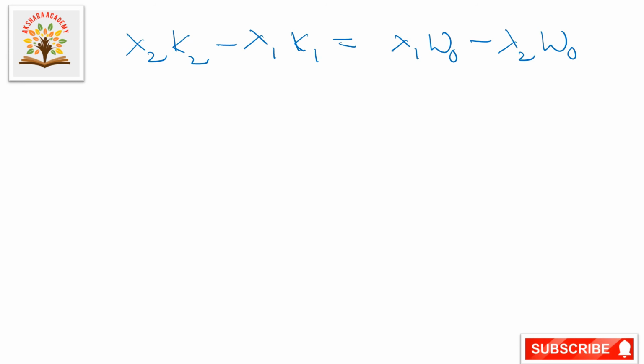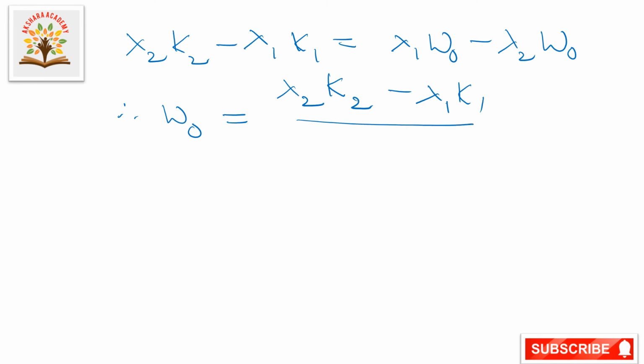This equation can be written as lambda 2 K2 minus lambda 1 K1 is equal to lambda 1 W naught minus lambda 2 W naught. So therefore the work function W naught is equal to lambda 2 K2 minus lambda 1 K1 by lambda 1 minus lambda 2. This is the final answer. Okay, next we will go to the next question.